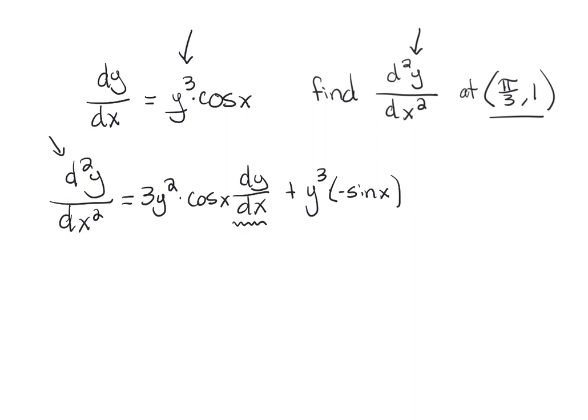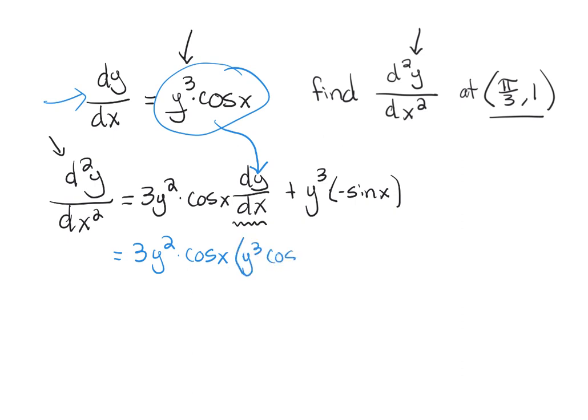Well, we know what dy/dx is. dy/dx is this, so we're going to substitute this in there. So 3y squared times cosine x times y to the third cosine x. I'm going to change this to minus, so minus y to the third sine x.